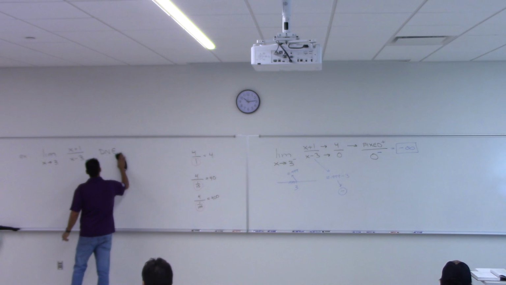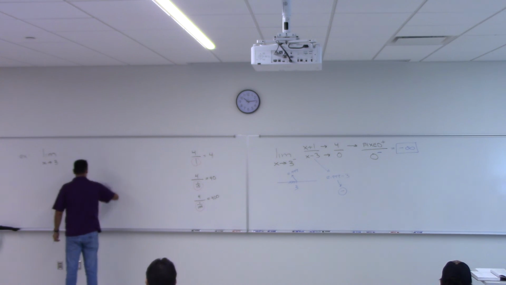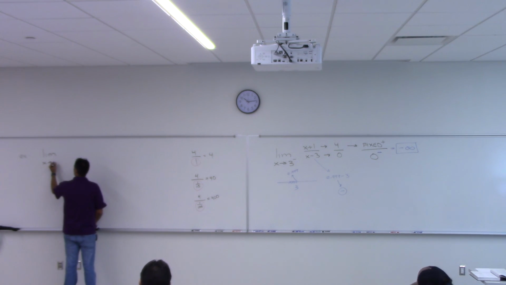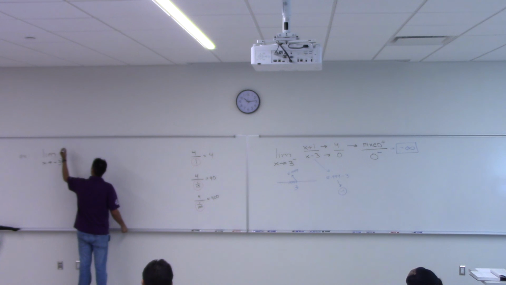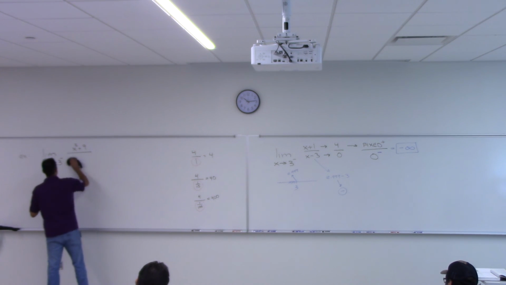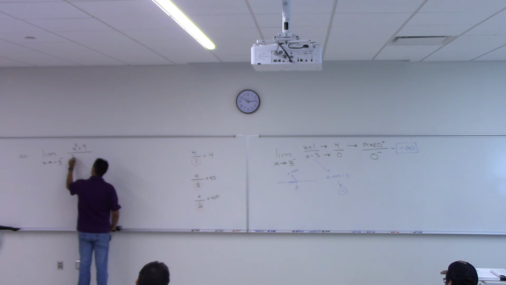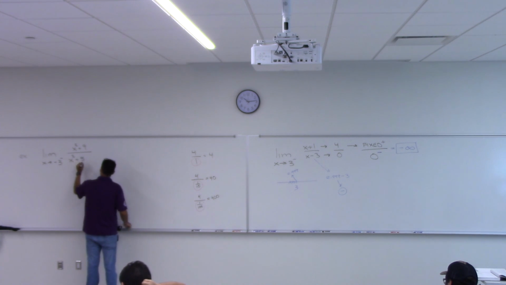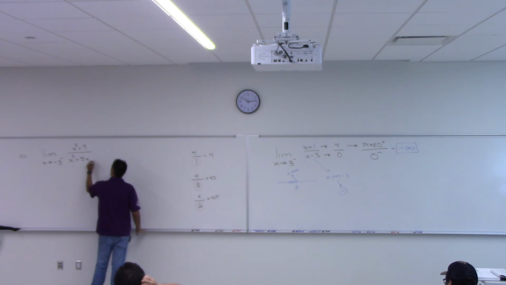How about this? How about limit, let's go x approaches negative 3 from the left of x squared plus 9 over x squared plus 5x, sorry, plus 6.